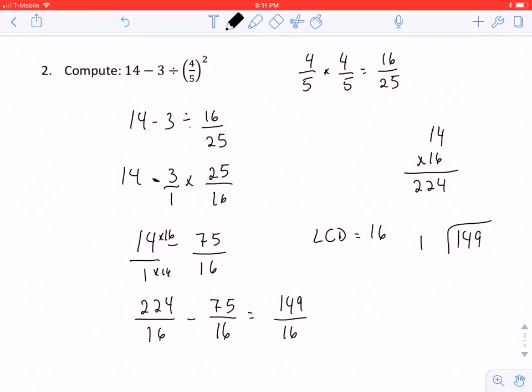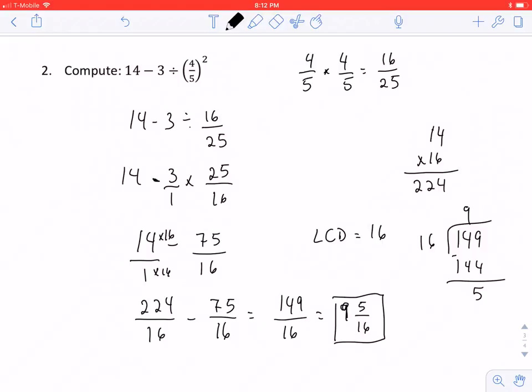We know 9 times 16 will give us 144, and we have 5 left. Then our mixed number will be 9 and 5 over 16. That will be our mixed number, that in this case is the result.